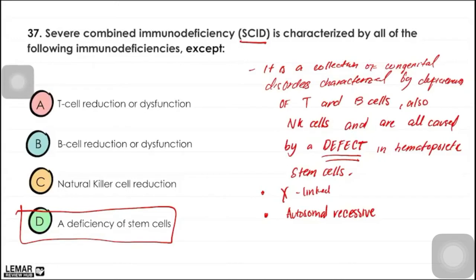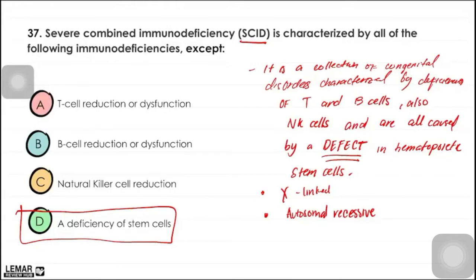In SCID, it is important to remember that there is blocking of T lymphocyte differentiation. And this can be associated with abnormal development of other types of lymphocytes, which are your B cells and NK cells. So natural killer cells are also reduced in this case.